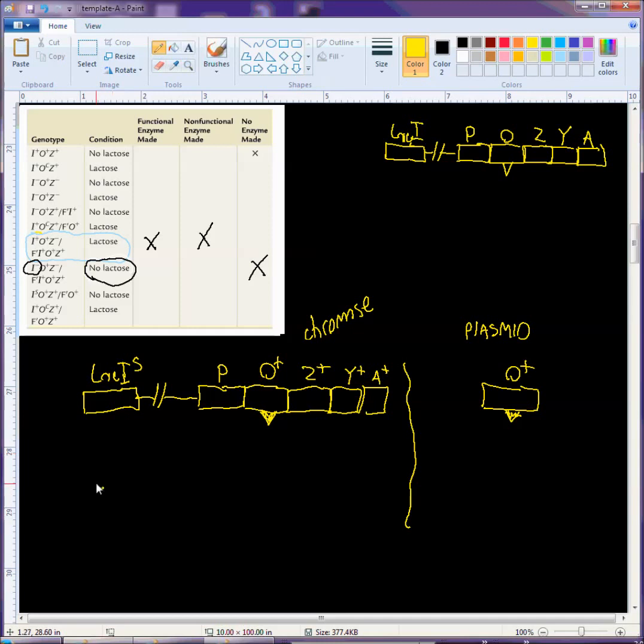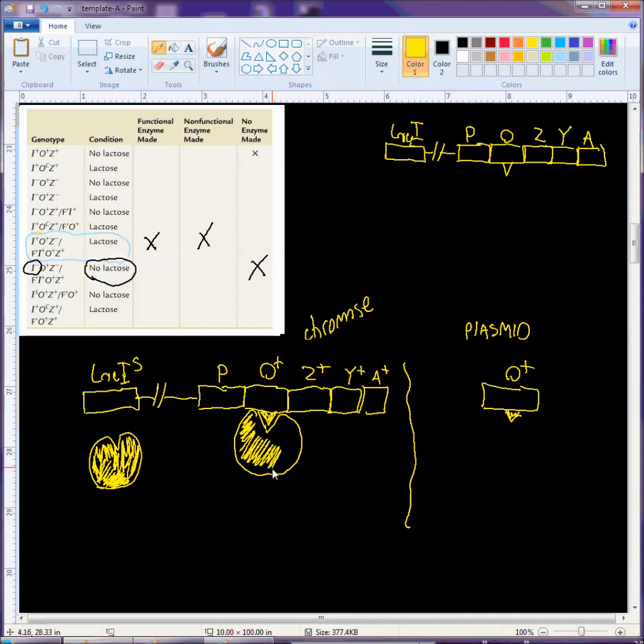So what does this look like? This one has a functional operator binding site, but a mutated lactose binding site. So this is always going to be bound to the operator. It doesn't matter whether lactose is there or not, it's always going to be bound.